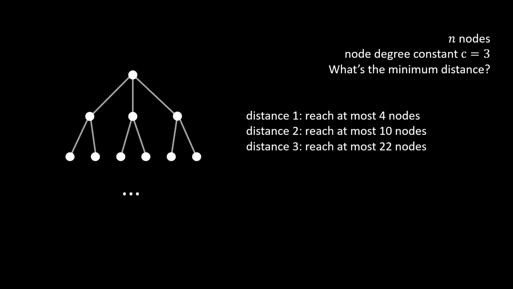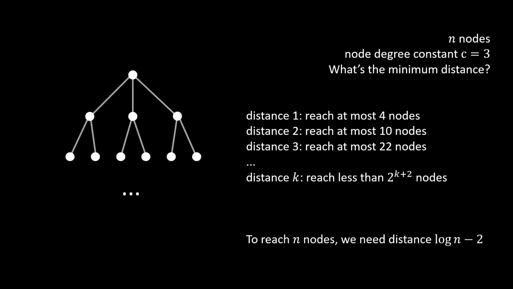With distance 3, we can reach 12 more nodes, in total 22. Whenever we increase the distance by 1, with degree 3 we can essentially double the number of nodes we can reach. In general, within distance k of our original node, we can reach less than 2 to the power of k plus 2 nodes. In other words, if we want to reach n nodes, we need a distance of roughly log n. Apart from a constant factor, this is exactly what the CCC achieved.